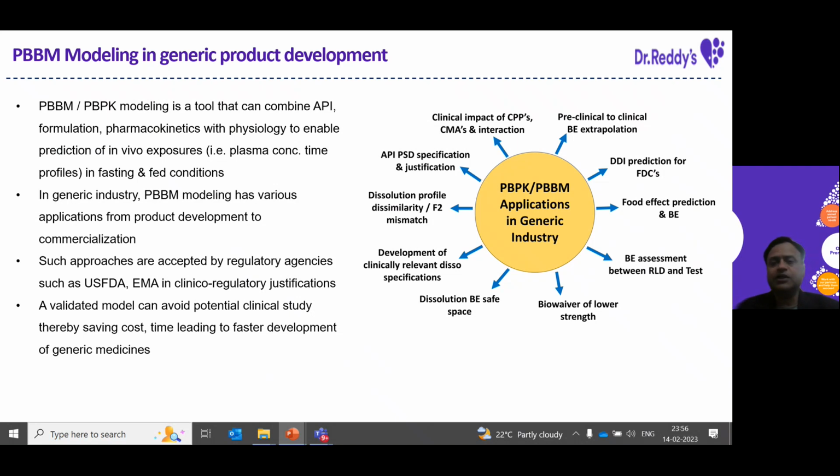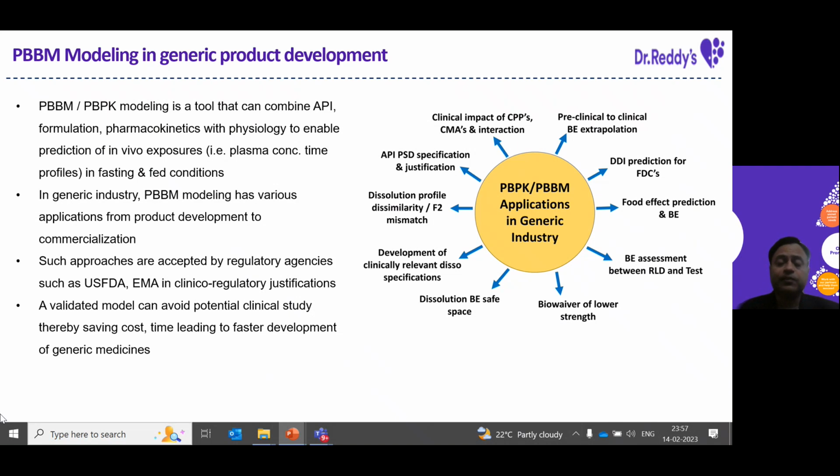As we see in the diagram on the right hand side, it has numerous applications, starting from extrapolation from preclinical to clinical, for predicting drug-drug interactions, for food effect predictions, for confidence in the BE assessment between the reference and the generic, for getting the biowaiver for the lower strengths, for dissolution safe space.